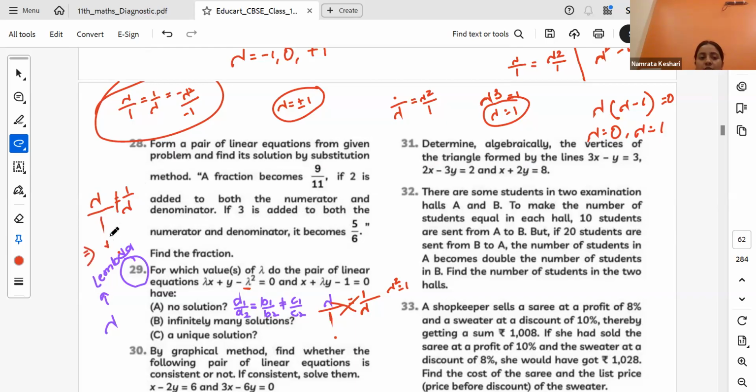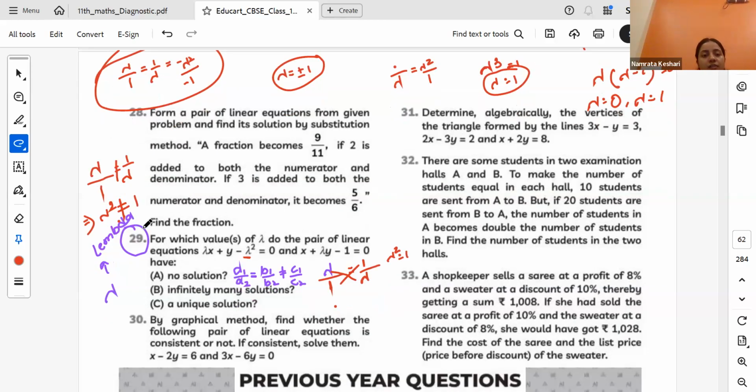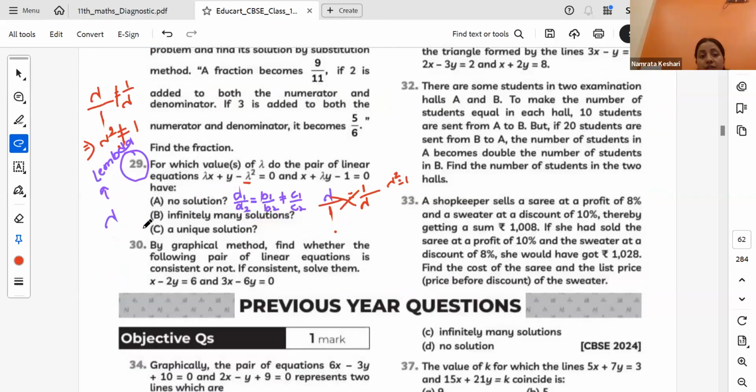That means lambda square is not equal to 1. The way you solve the equation, the same way you will solve over here, but every time you will keep on saying not equal, not equal, not equal. Lambda cannot be plus 1, lambda cannot be minus 1. Getting it? These are the three different situations we are getting for lambda.